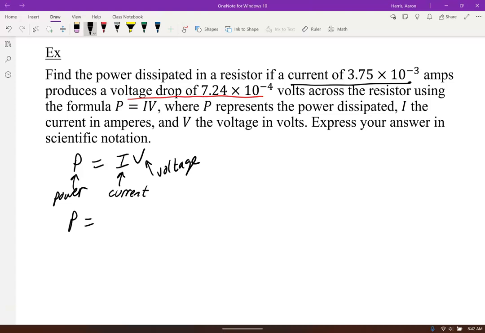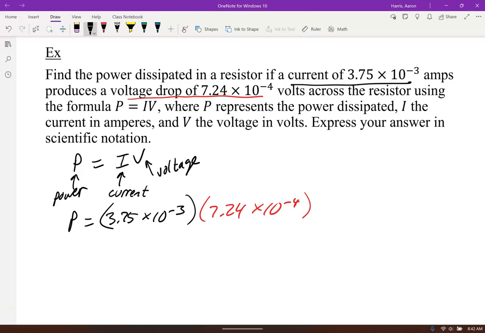So the power would be the current, 3.75 times 10 to the negative 3, times the voltage, which they give us as 7.24 times 10 to the negative 4.